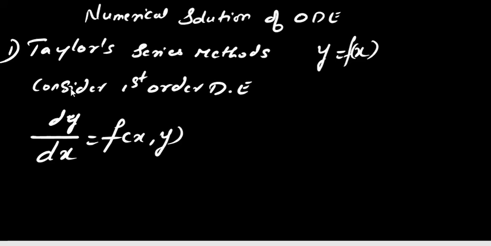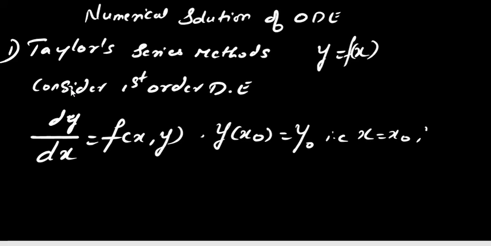We call it first order because the highest derivative is 1 here, with the initial condition y of x naught is equal to y naught. That is, when x is equal to x naught, y will be equal to y naught.